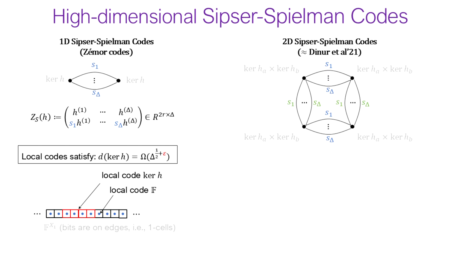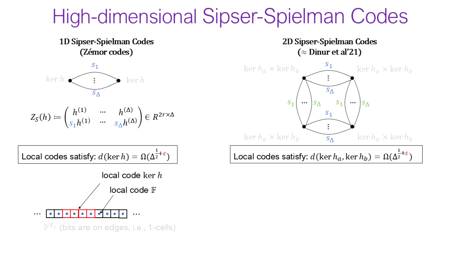But if we consider the classical code that can be obtained from our quantum LDPC codes, we obtain a code that is almost exactly the same as a famous code invented by Dinur and her co-authors in 2021, that was the first example of a good locally testable code with good soundness.